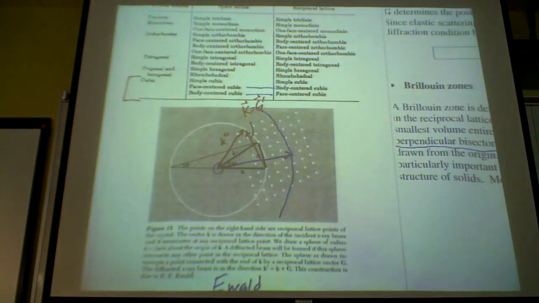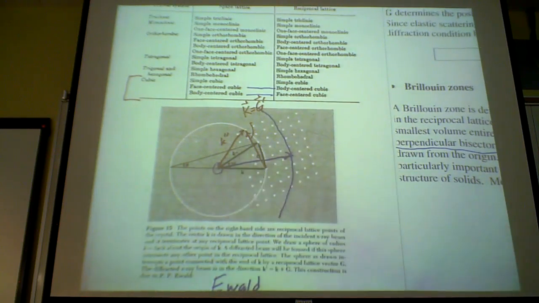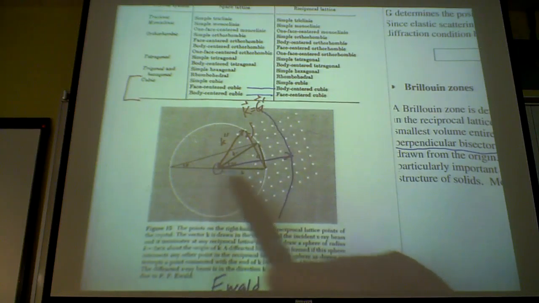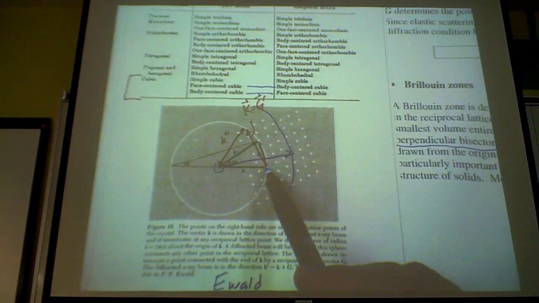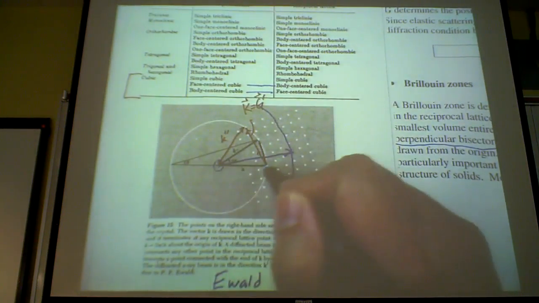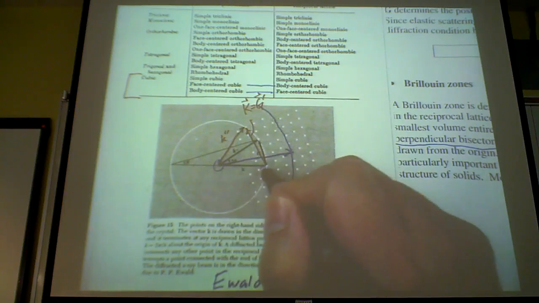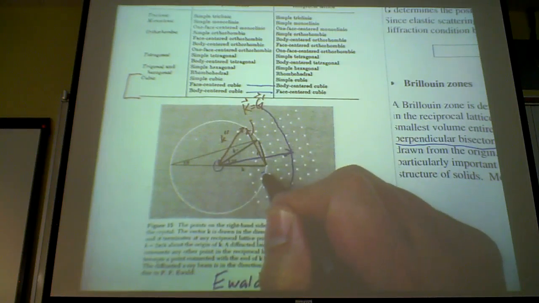These are my reciprocal lattice. Just think of it like your real space lattice, except this is in reciprocal space. And then you have wave scattering, right? So let's say you have some center point in here. And in order to have diffraction phenomena, your scattering vector must hit one of these points, right? If you hit one of these points, then you can draw a circle, because from here to here, that's the magnitude of your k vector.